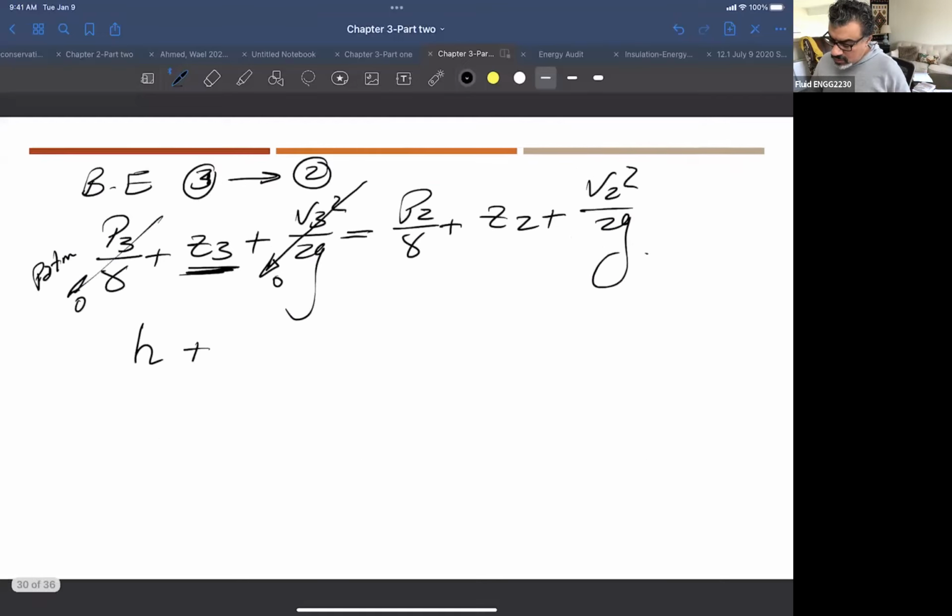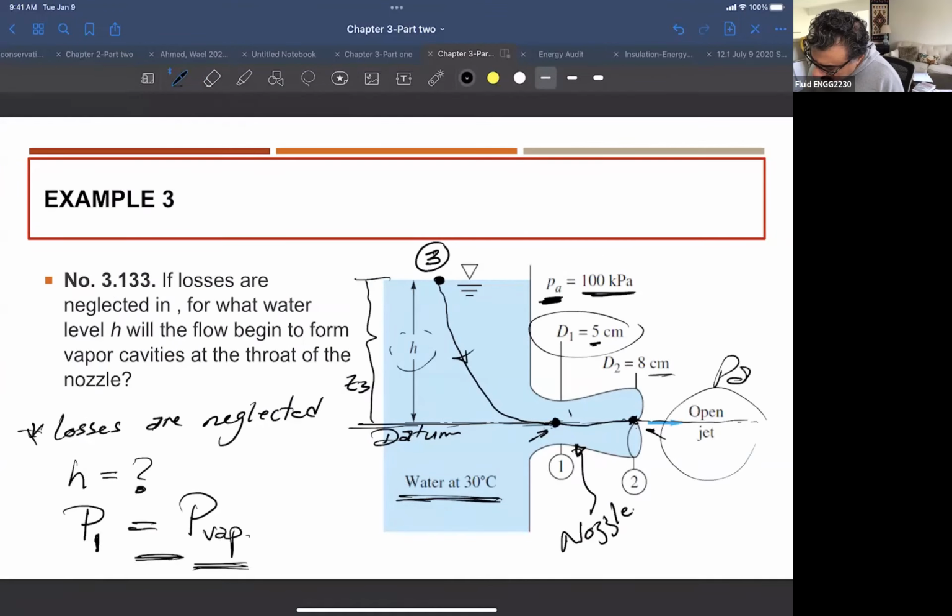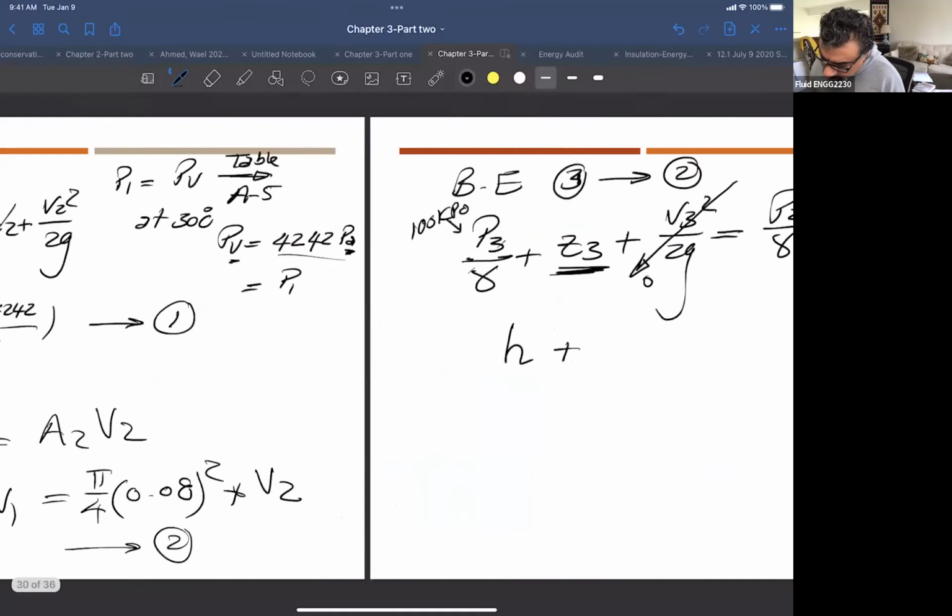When I put here 100 kilopascal, let me go with what you are saying, I'm going to put the same thing here for P2, P atmospheric, 100 kilopascal, so it will cancel each other.